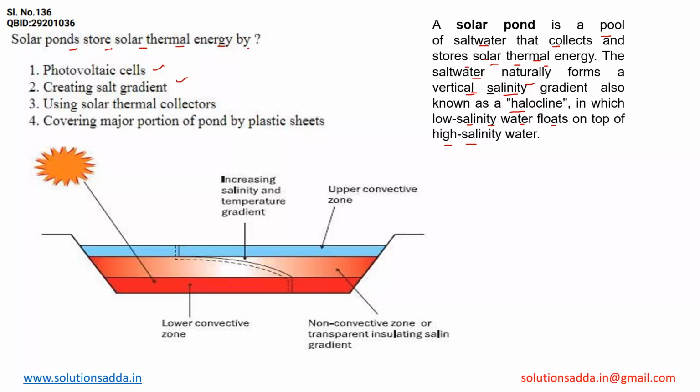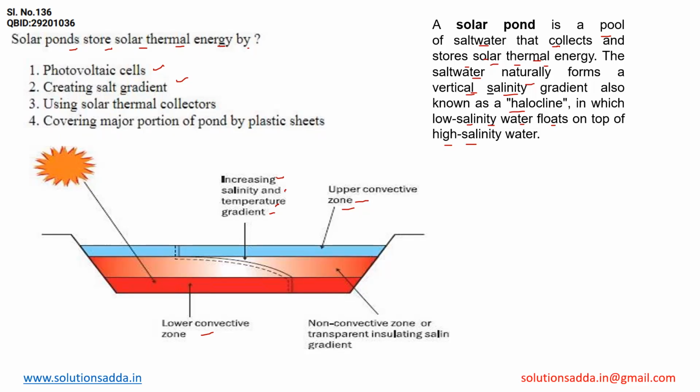This looks very much like a real solar pond in which we collect the water and create the salinity gradient. What does that mean? Increasing the salinity and temperature gradient, as I told earlier, lets us store the thermal energy. And this is the upper convective zone and this is the lower convective zone.